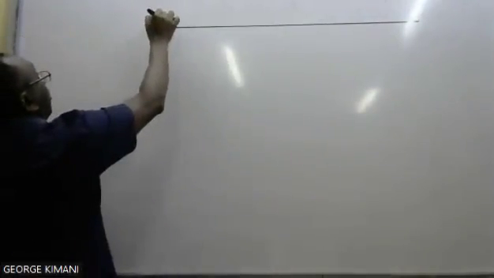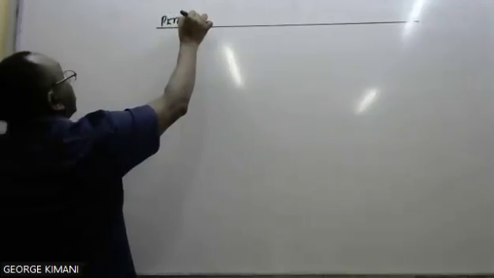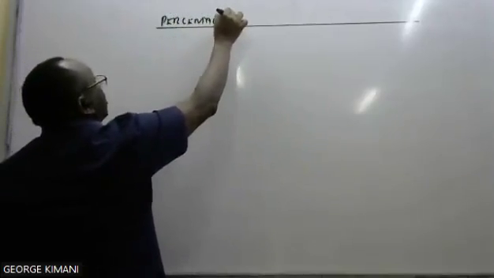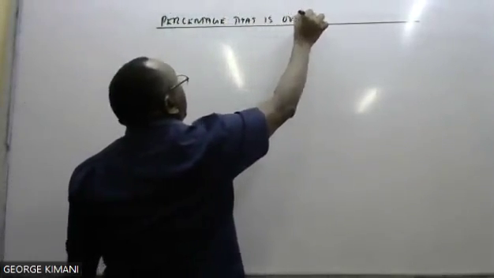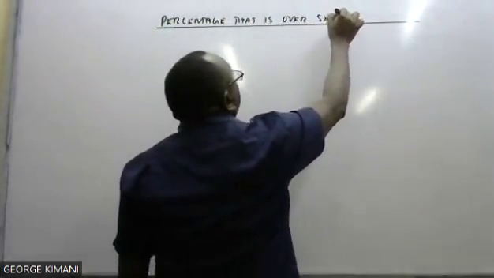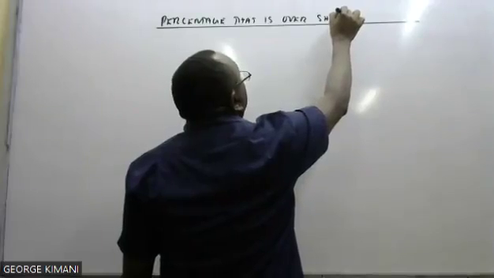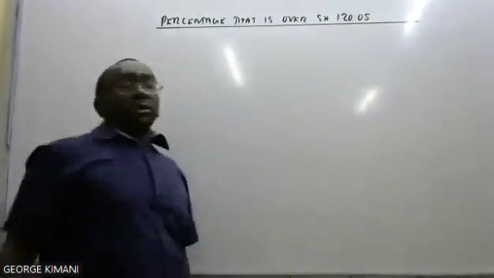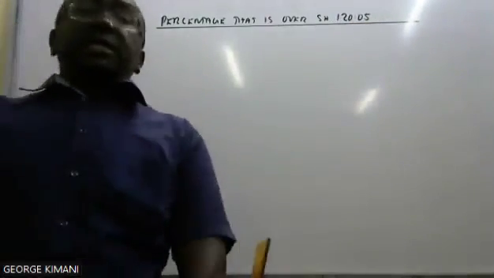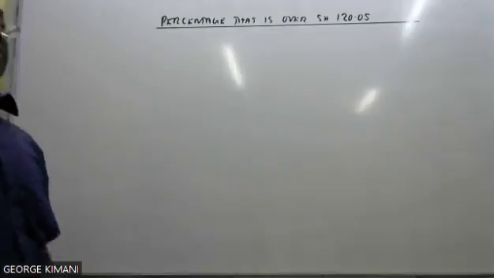Okay, good. Percentage that is over shillings, let's say about 120.05. So the percentage is the other word for probability, as I have said.